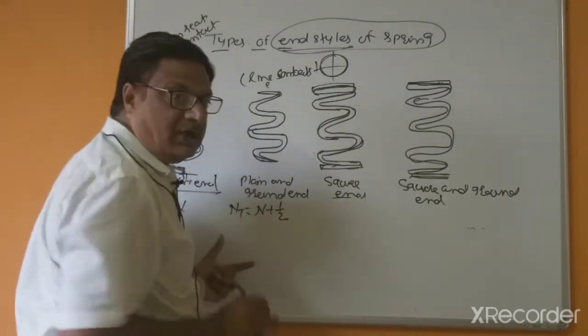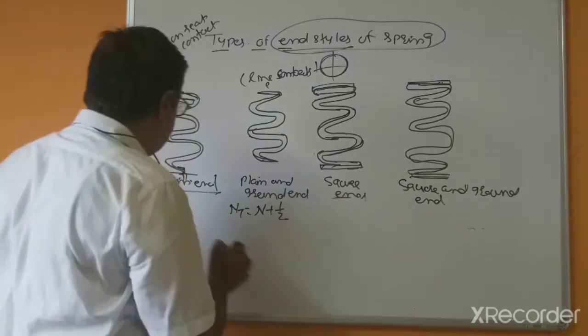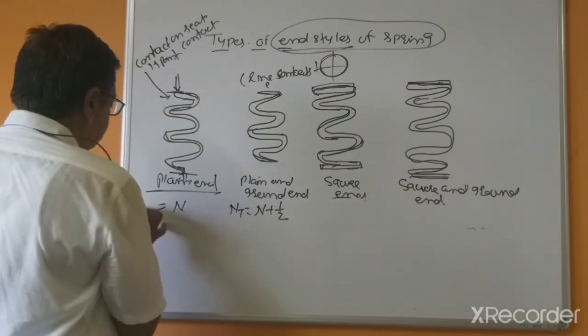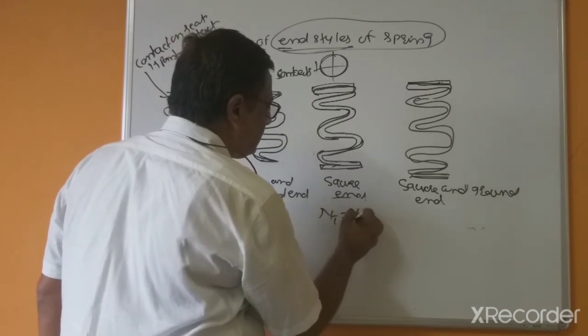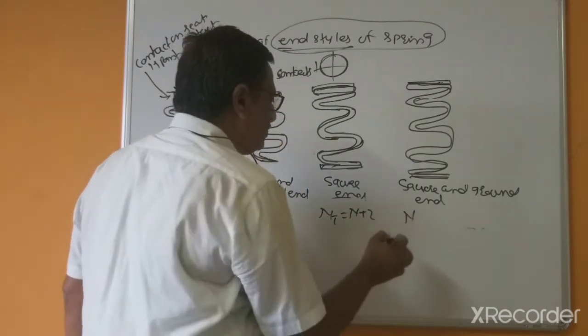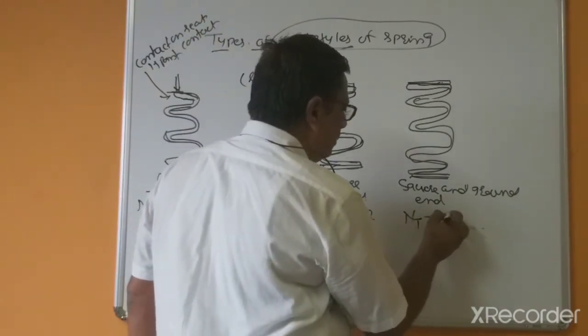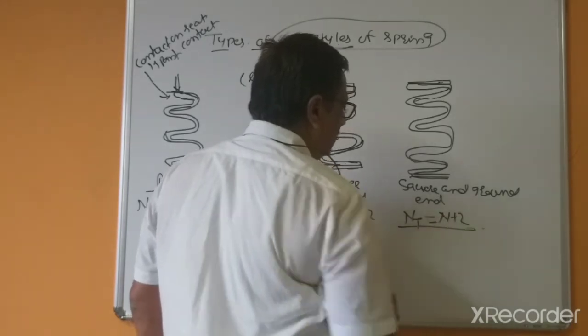Nt is the total number of turns, n is the number of active turns. Nt equals n plus 2, here also Nt equals n plus 2.